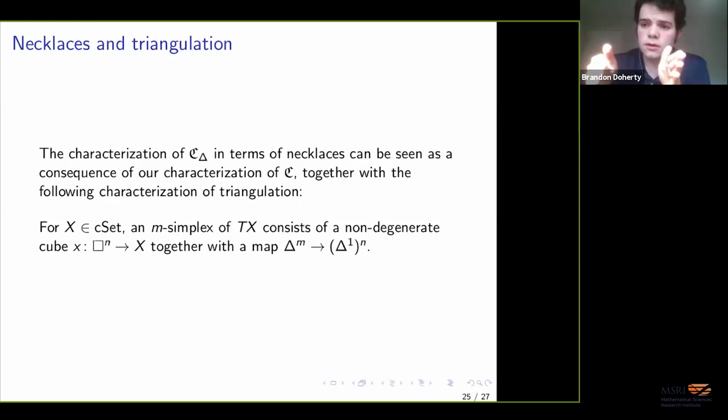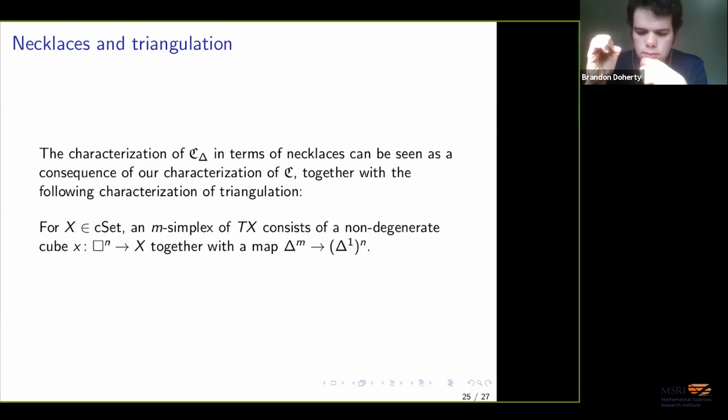And so to see how this corresponds to that description of C delta, recall that the mapping spaces in C delta of X are just the triangulations of the mapping spaces in C of X, where by C of X I mean the cubical C. So if we think about how that lines up with this description of triangulation here, well, the non-degenerate cubes, as I just described in these mapping spaces, correspond precisely to the totally non-degenerate necklaces.